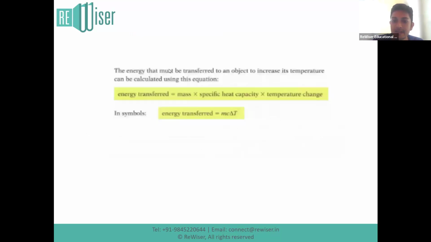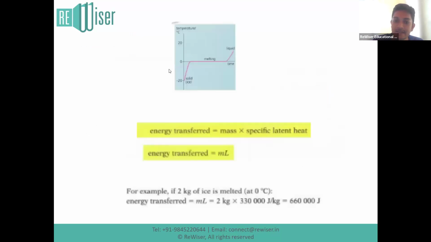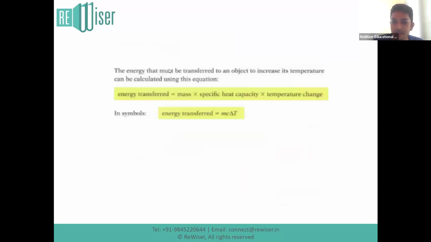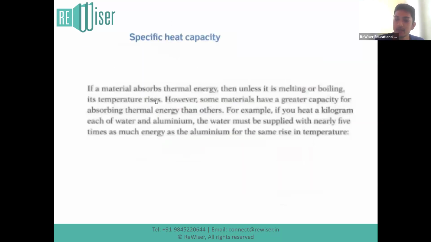Let's talk about specific heat capacity and specific latent heat, and thus conclude our topics for today. Now, if I were to draw a graph of energy versus temperature for a certain body, this is what I would expect to see.